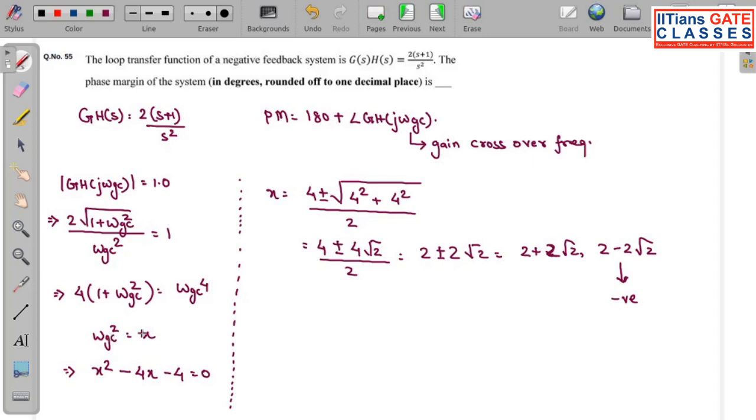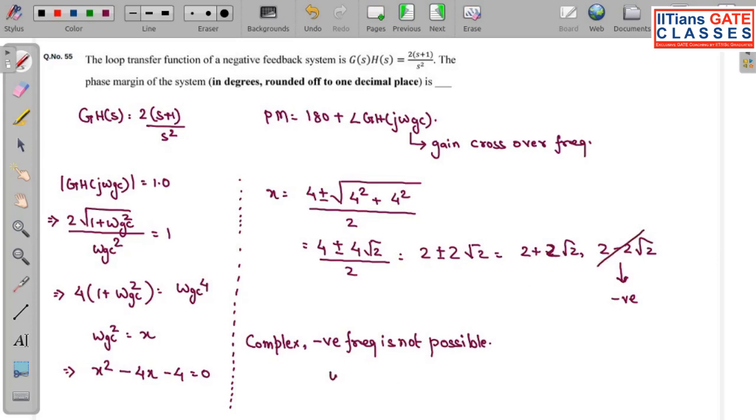If omega gc squared is a negative value, omega gc will be a complex value, and a complex or negative frequency is not possible in our control domain. So we omit this one and keep the other term.